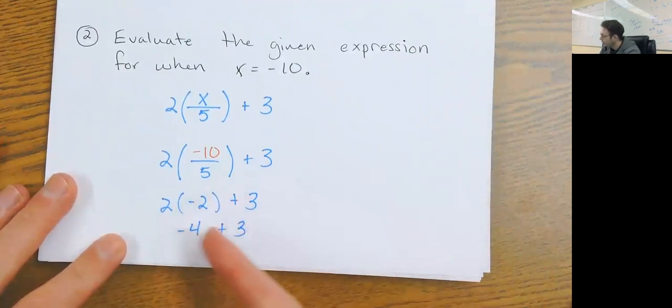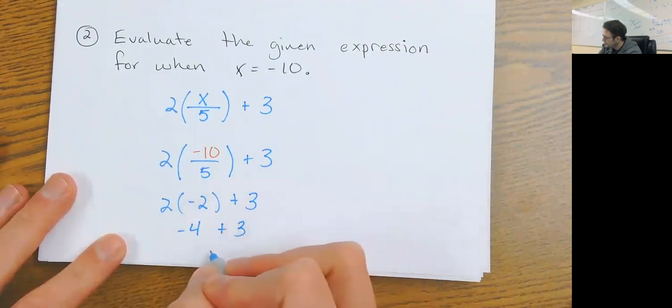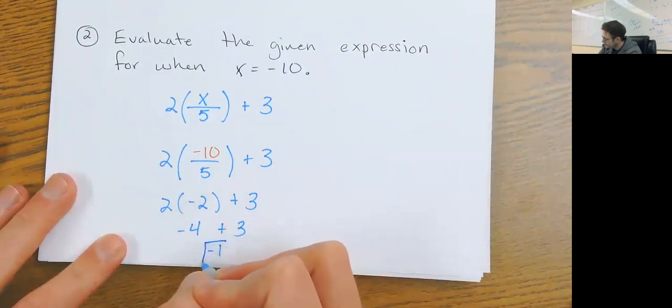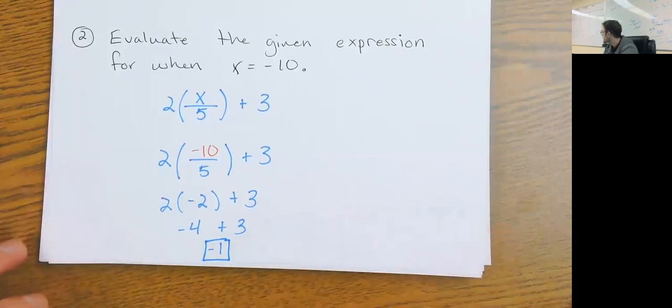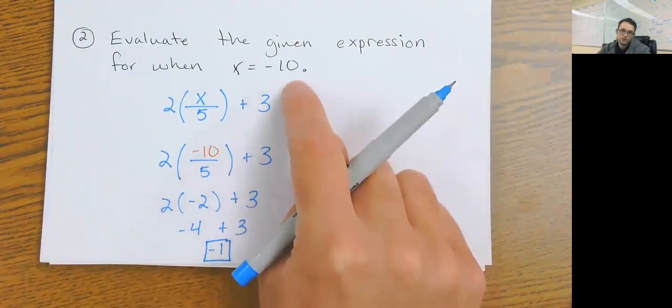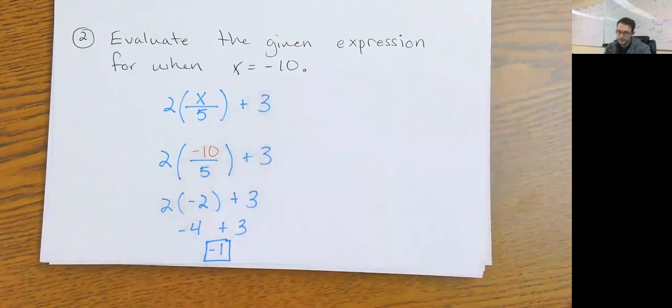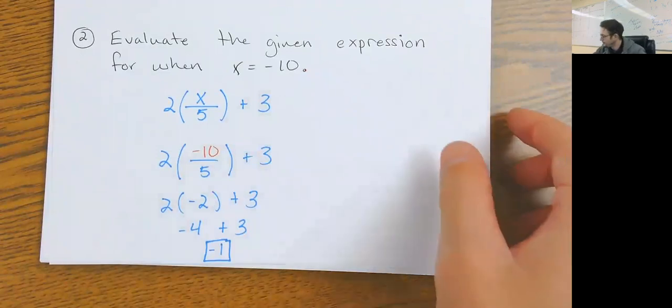Negative 4 plus 3 is negative 1. And that would be your final answer. That is what the expression is when you evaluate it for when x equals negative 10. Because I messed up, it's supposed to be r. My bad.